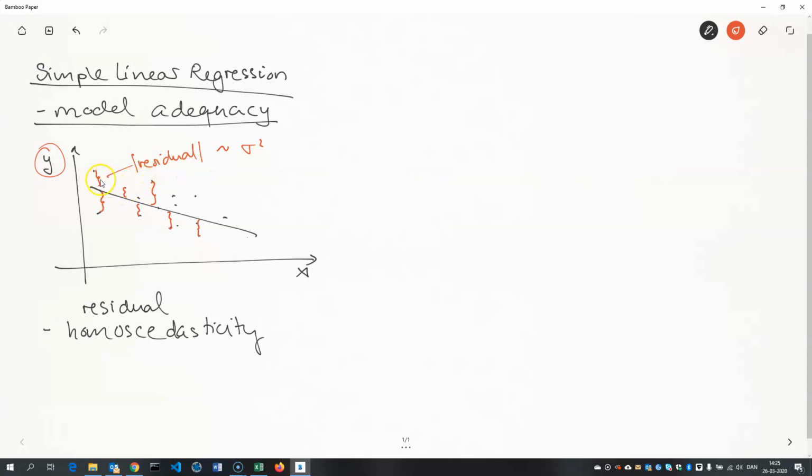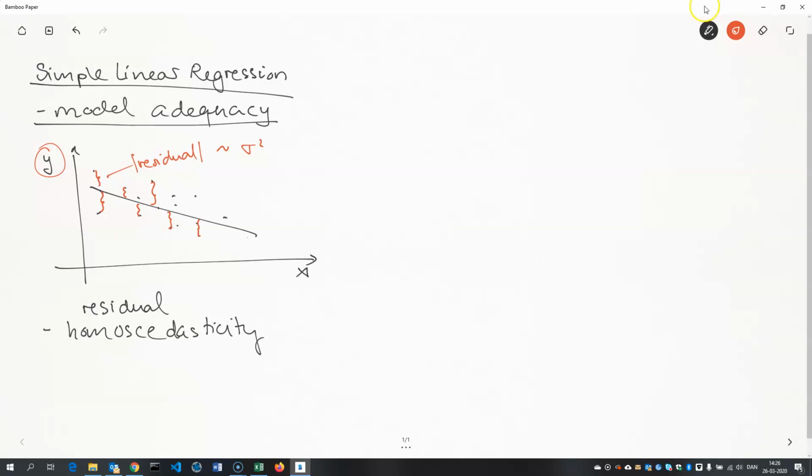That means it shouldn't be like we have small numerical residuals in this end of the plot and then large ones over here, or maybe large in the middle and small ones on either side. It should be more randomly distributed, and there should be no obvious pattern. That's basically what it means.